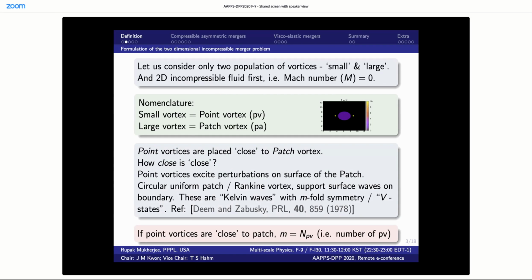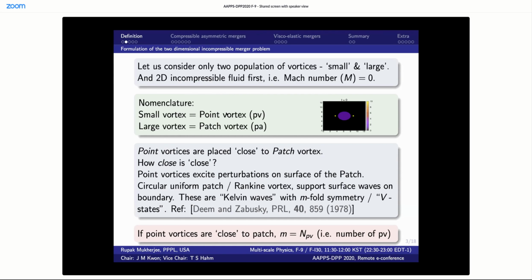They have some very small width, and if you have very high resolution, you can make them smaller. The other, a large vortex, we call a patch vortex. This is typically something like a Rankine vortex, where the vorticity is uniform in the patch. This is one sort of initial condition, where you have 2 point vortices here and 1 patch vortex here.